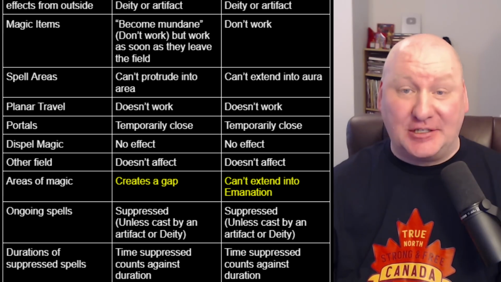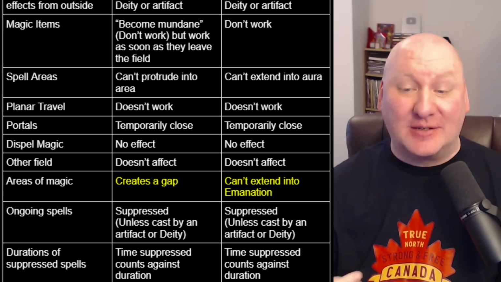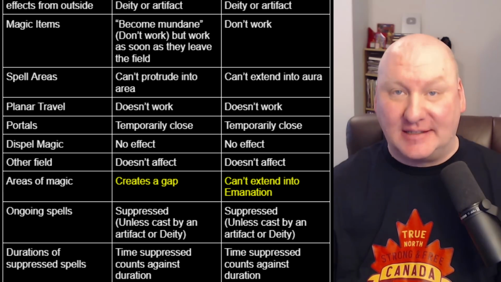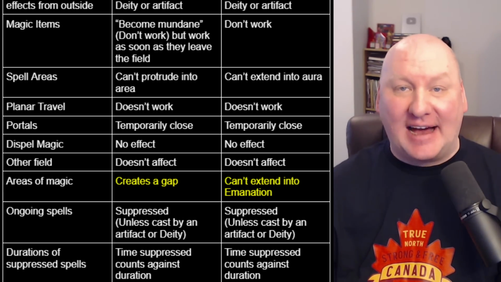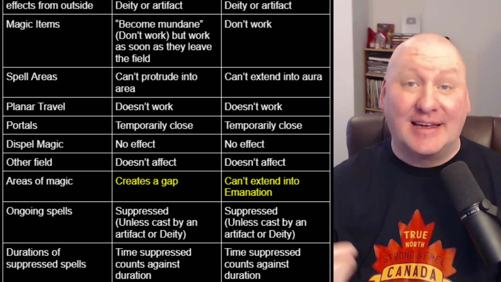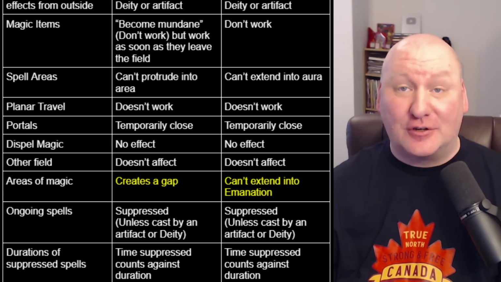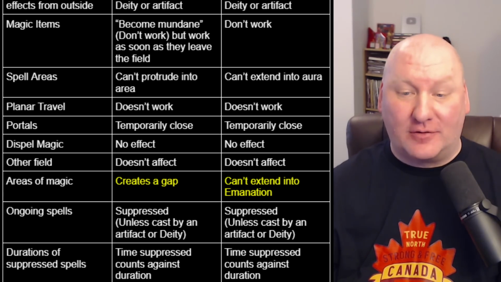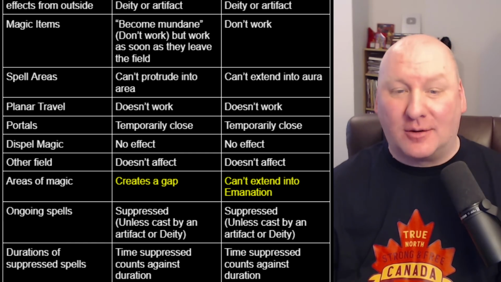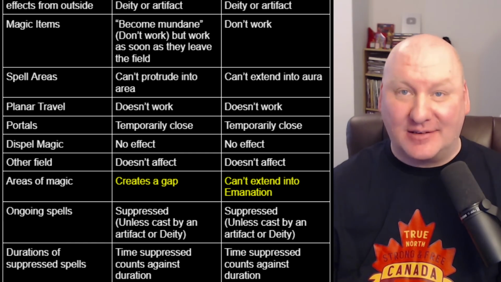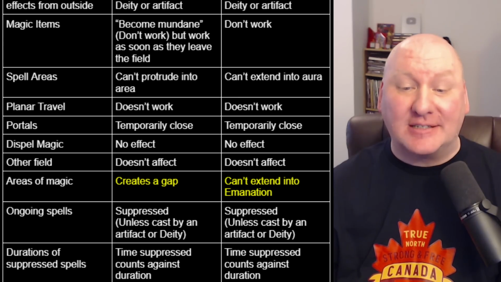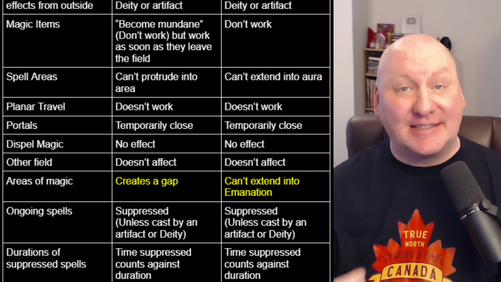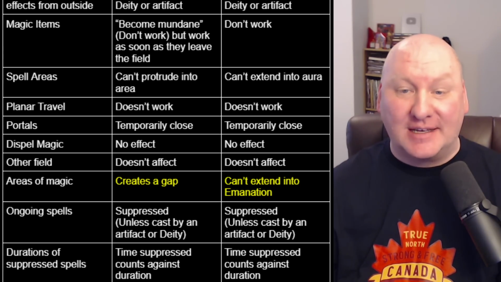And there is an exception to this, unless the spell was cast by an artifact or a deity. So if you used an artifact to cast Hero's Feast, it remains. This is true with the 2014 version and the 2024 version. Wording on that part is almost exactly the same and the same mechanics. And then durations of suppressed spells, it says the time that they are suppressed counts against the duration, and it says that in both versions.